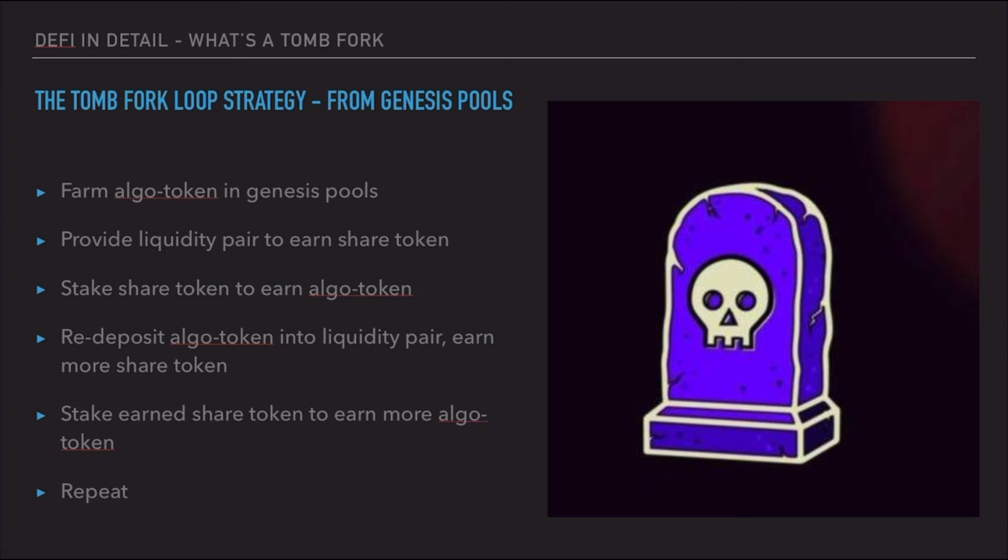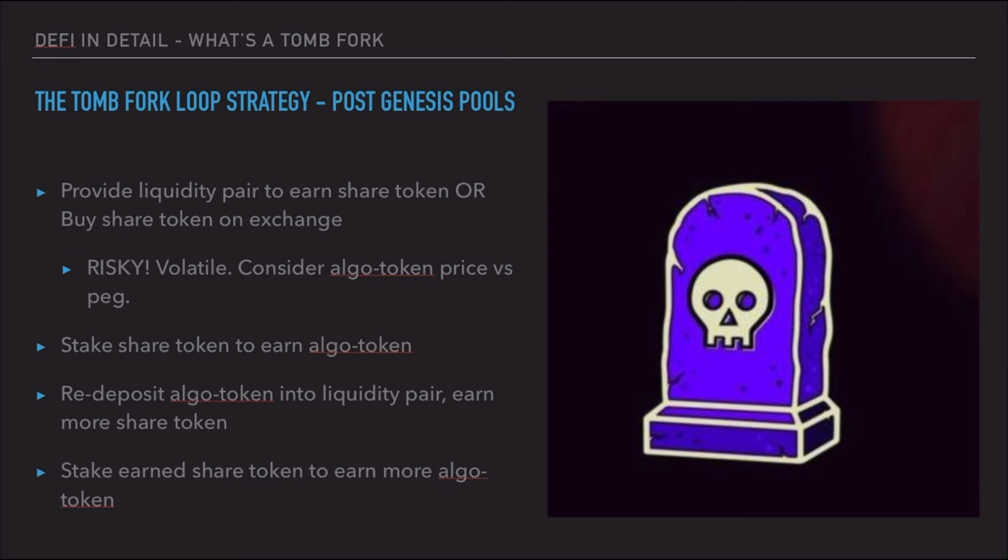You would then take that earned share token and stake it into the boardroom, which will earn you more algo token in each expansion epoch. You could then take that algo token and redeposit it into the liquidity pair to earn more share token. You would take that earned share token again and stake it into the boardroom to earn more algo token. And this just repeats. It's a self-feeding loop there, and fairly straightforward. If you understood all the steps we've talked about previously, then this should make sense to you here.